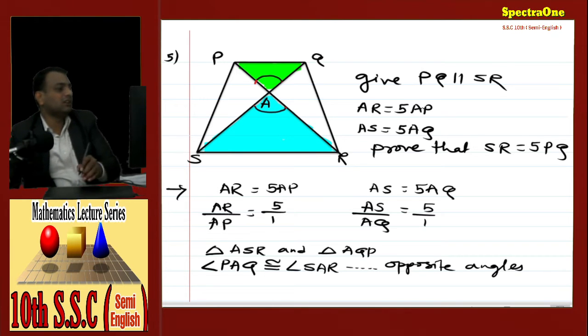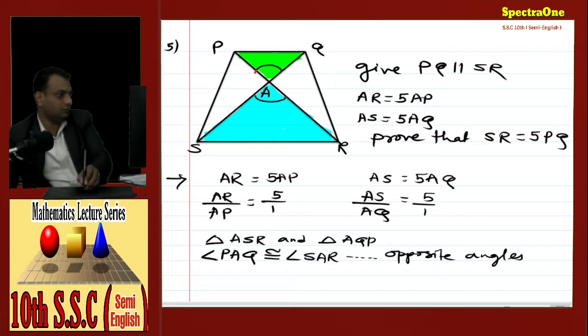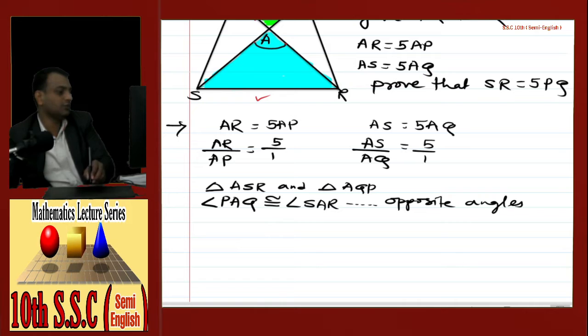Now, from the given data, PQ is parallel to SR, and these two lines, PQ and SR, are joined by QS, so the figure will be like this.